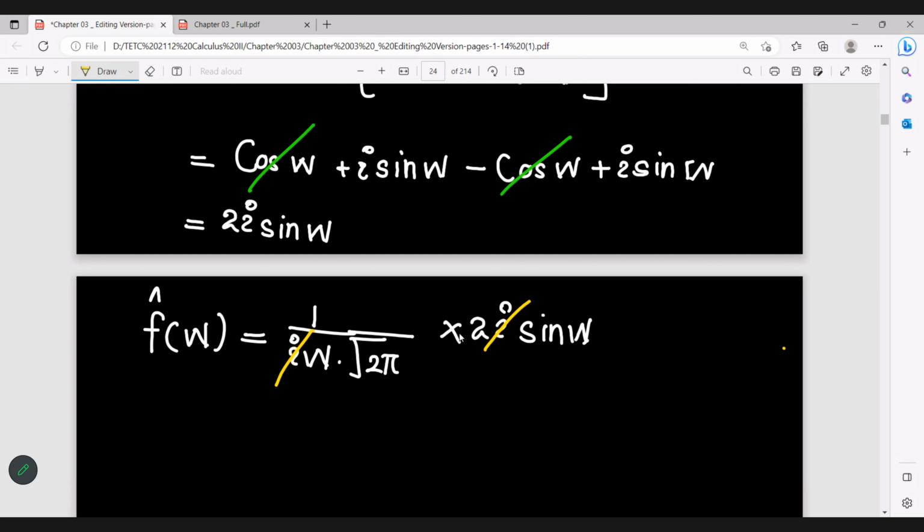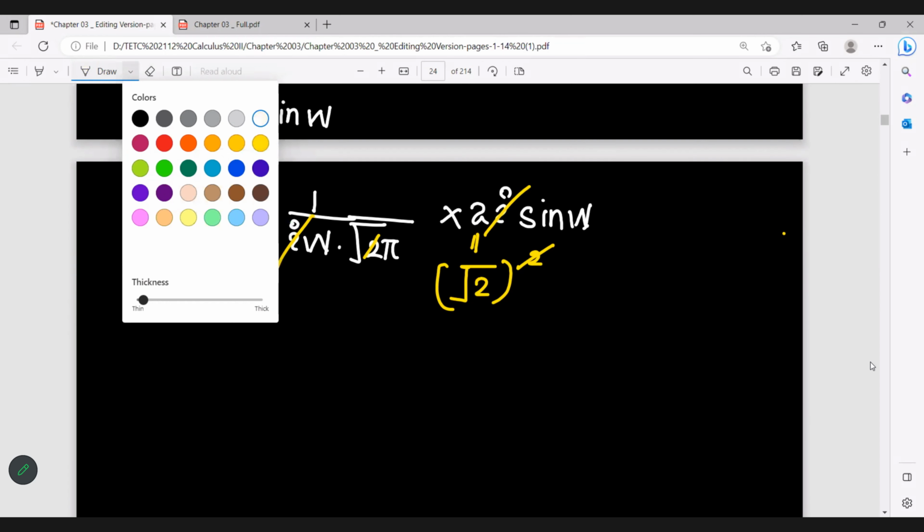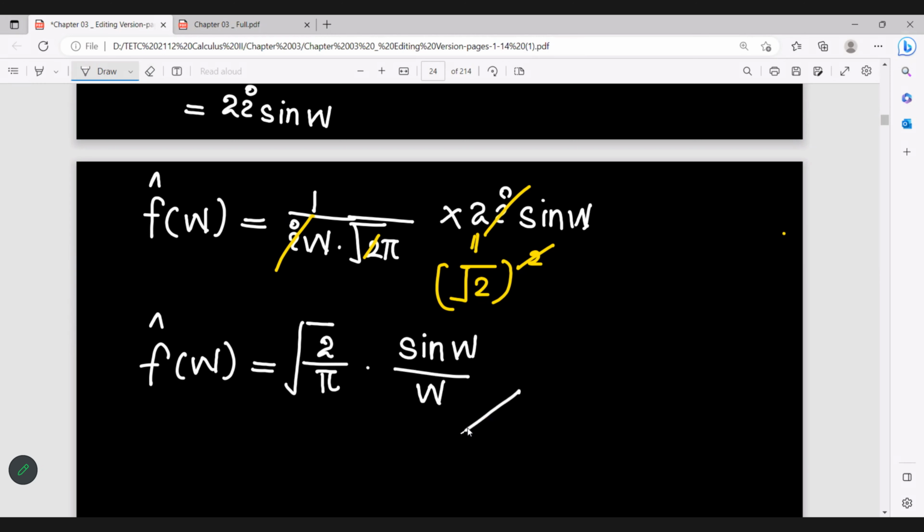So we can write this 2 as square root of 2 to the power 2, and one of these terms cancels out. So the final answer that we have obtained is f hat w, that means the Fourier transform of the function f of x, is equal to square root of 2 over π times sine w over w. This is the answer.